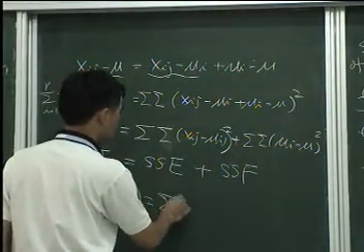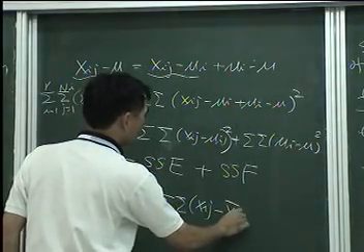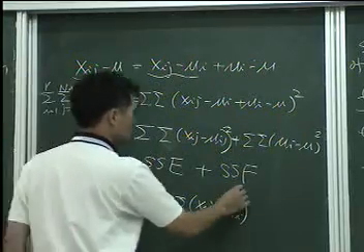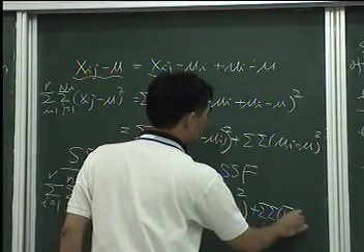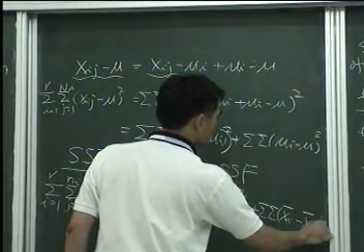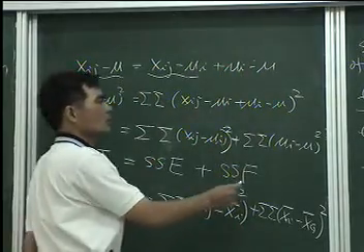And then the summation of (Xij minus X bar i) squared, plus the summation of (X bar i minus X bar G) squared. So we are looking at the factors.